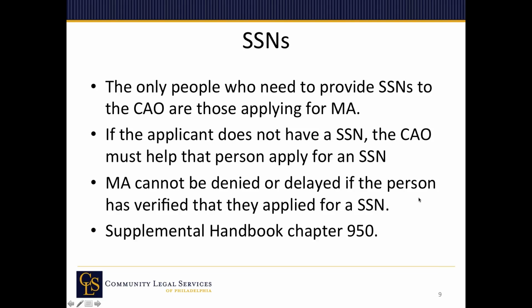So it requires some communication with the county assistance office, some cooperation from the county assistance office, and some understanding at the county assistance office of their own policy in the supplemental handbook on Social Security numbers. Sometimes it requires some advocacy at the county assistance office to get them to do what they need to do to get this person their Social Security number.